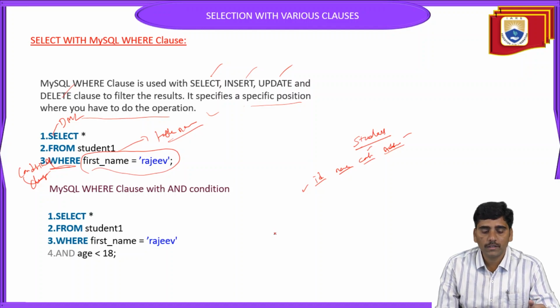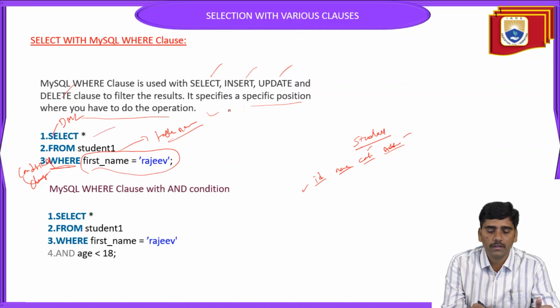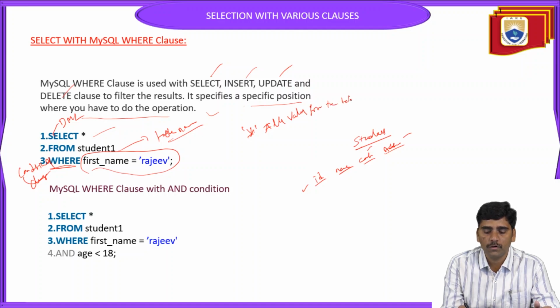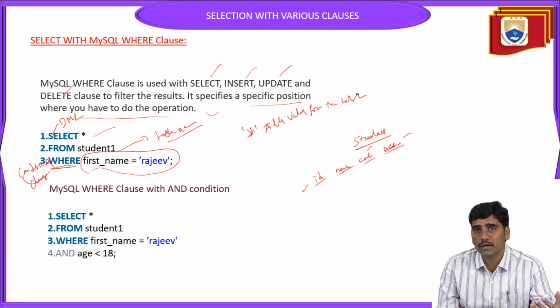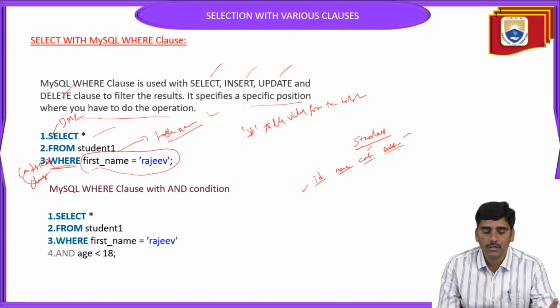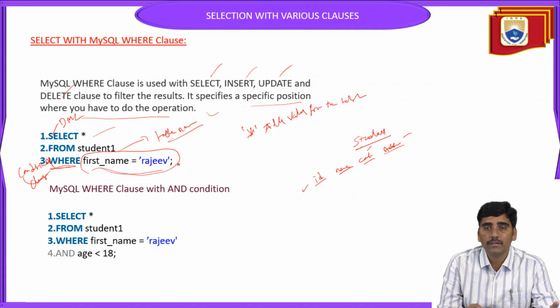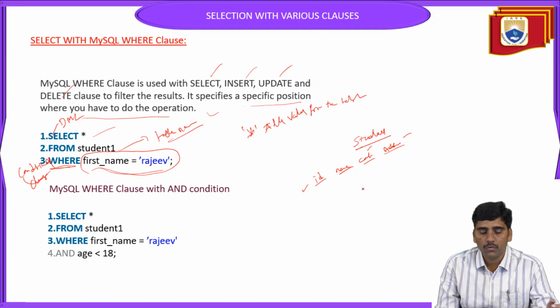Now, select star indicates what? Star indicates all values from the table. But on which condition do you want to retrieve all the values? Whoever has the first name equal to Rajiv.